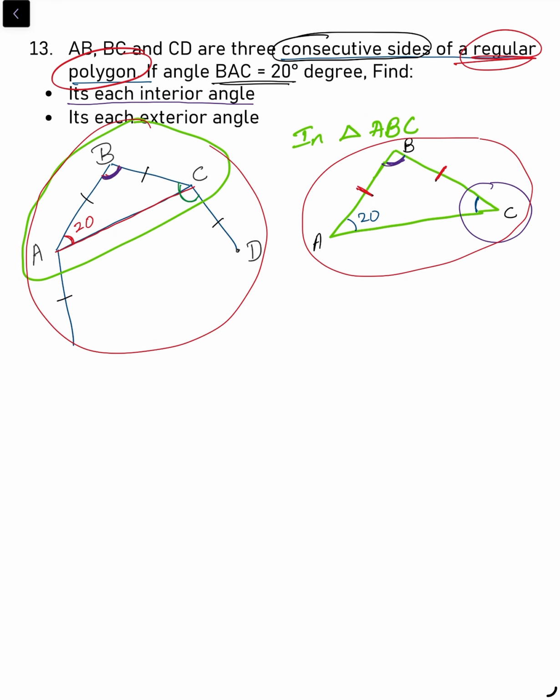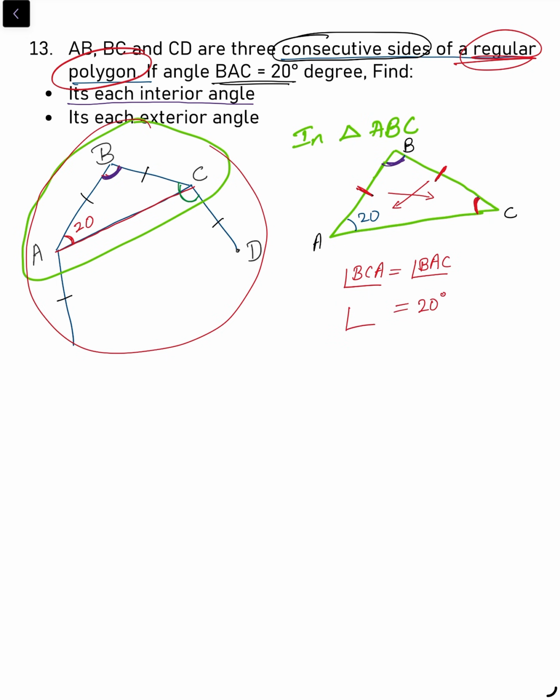In an isosceles triangle two sides are equal, and the opposite angles are also equal, which means angle C, that is BCA, equals the angle opposite the equal side, the other one being angle A, that is BAC. Angles BAC and BCA are both equal, and we know angle BAC is 20 degrees. Therefore angle BCA is also 20 degrees.